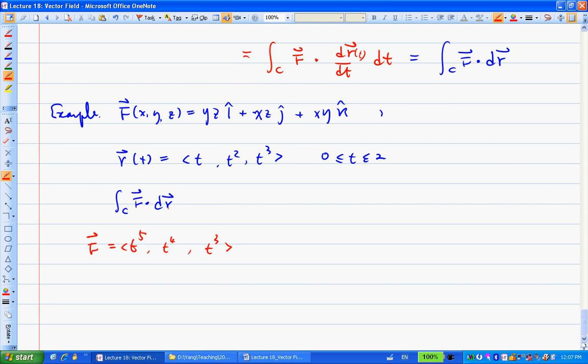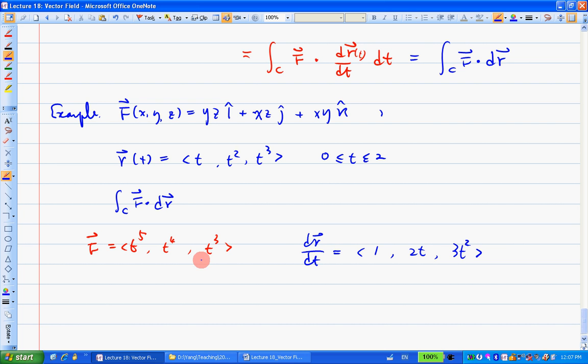And then dr, or maybe just calculate dr over dt, doesn't matter. So this dr over dt comes from the derivative of the parametric equation. That's very easy: 1, 2t, t squared, 2t, 3t squared.